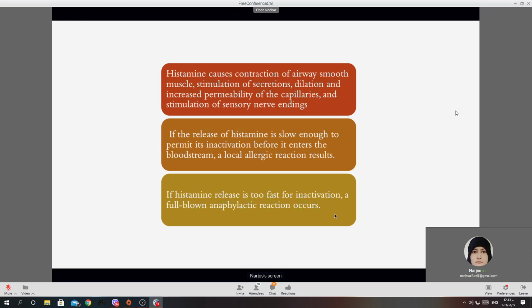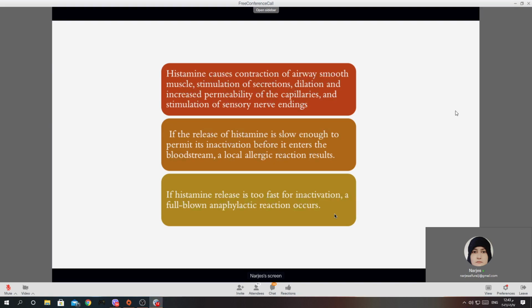In maybe the second or third slide, I mentioned that histamine usually is stored in granules. However, if it's not stored, it will be deactivated. If it is released slowly enough, this will result in an allergic reaction.